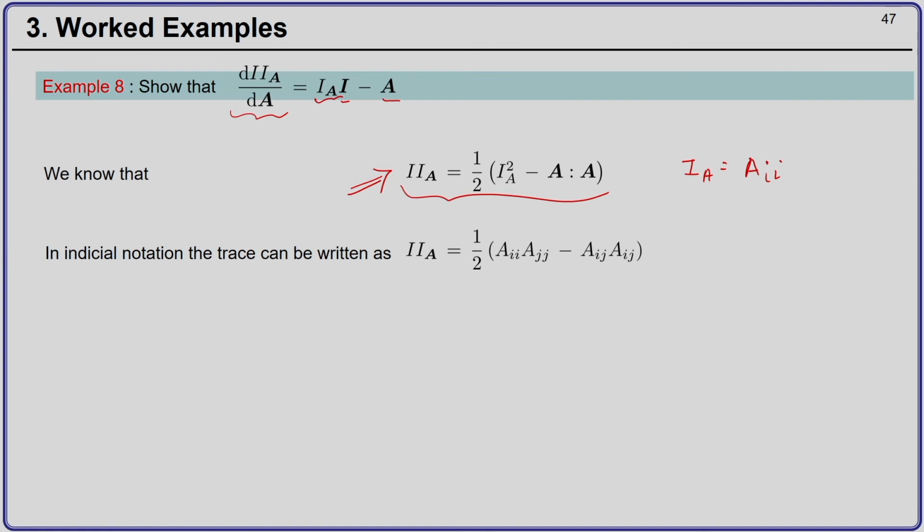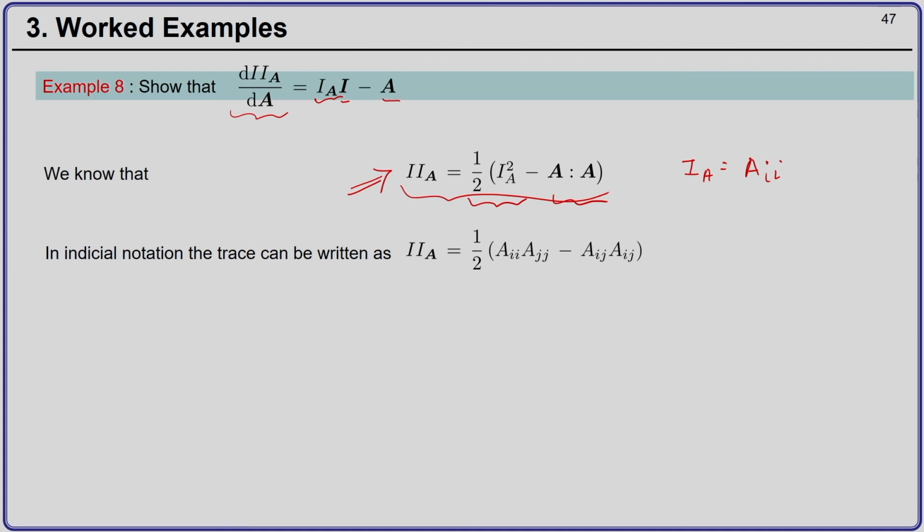So, we have two symbol groups on the right hand side. Each of these symbol groups will only have dummy or repeated indices. There will be no free index.